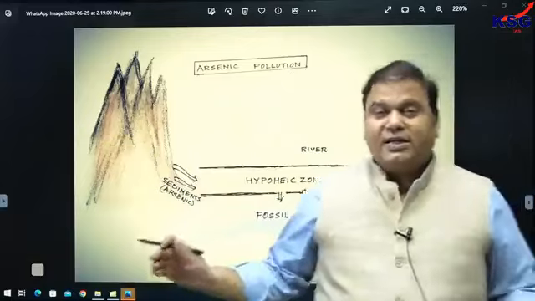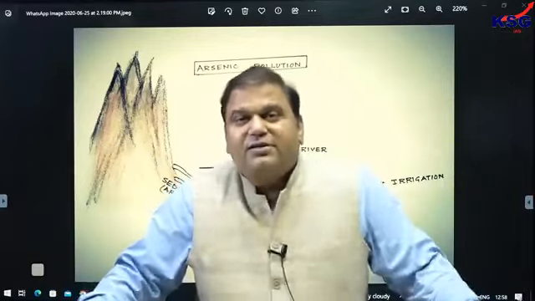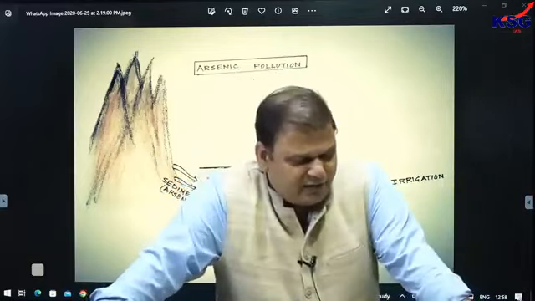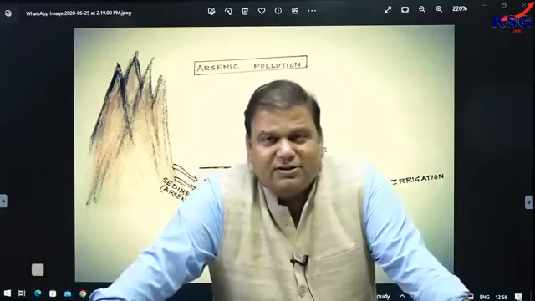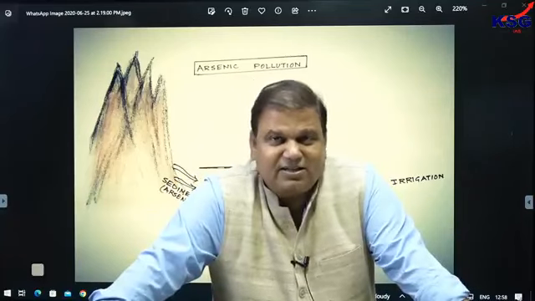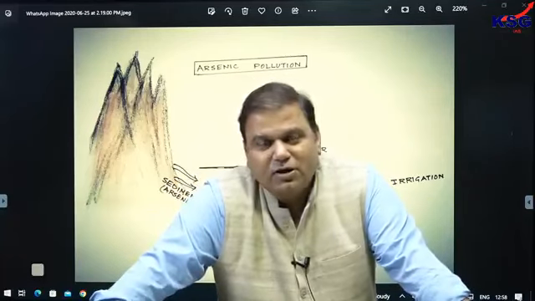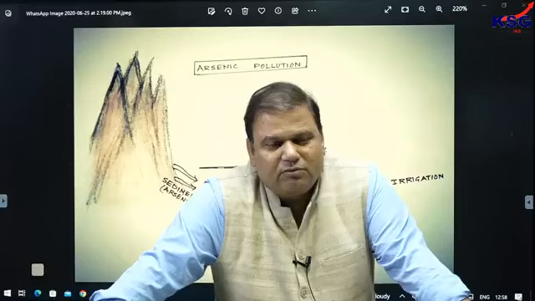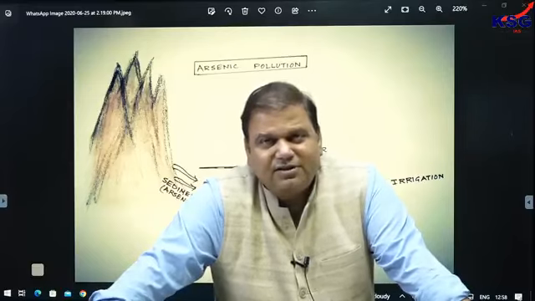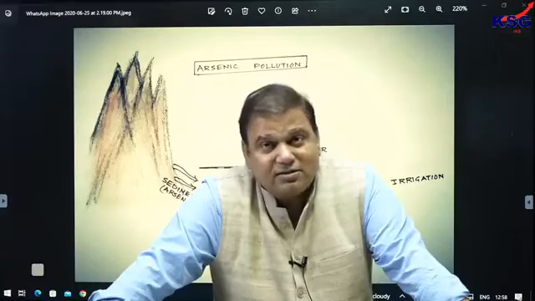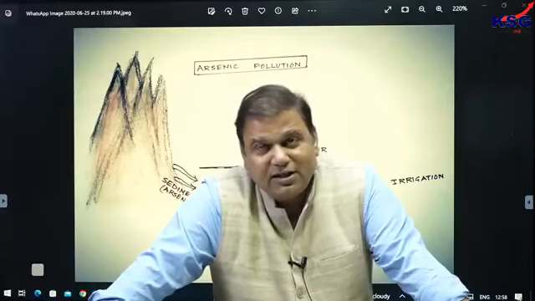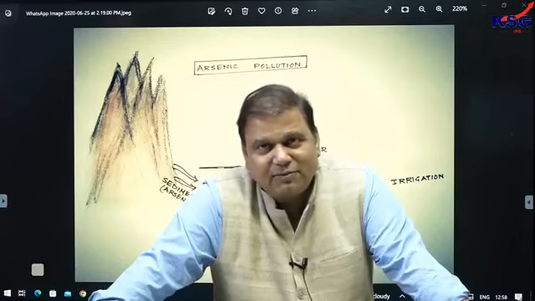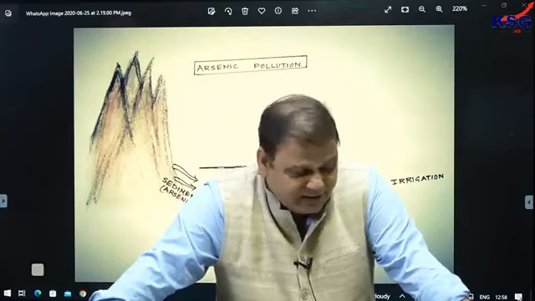And as far as the other measures are concerned, in these areas which have been affected drastically by arsenic pollution, one can see that the hand pumps have been painted with red colors. Red colors are indicative of the fact that the water coming out from these hand pumps would be highly contaminated by arsenic.